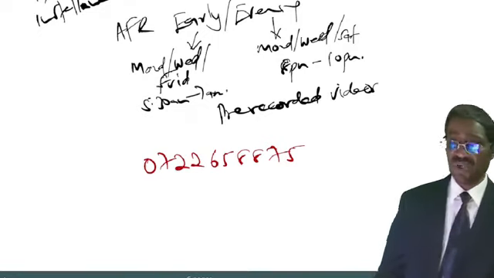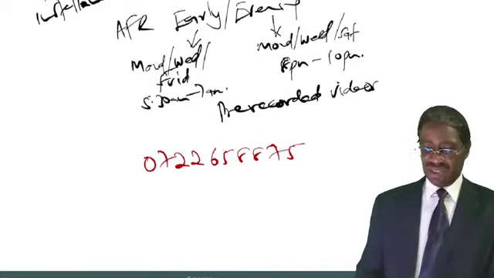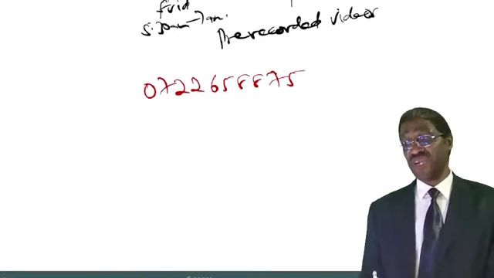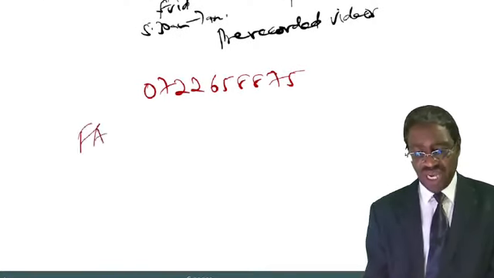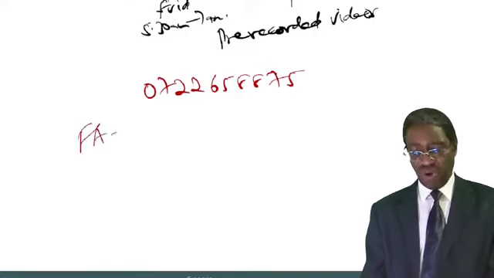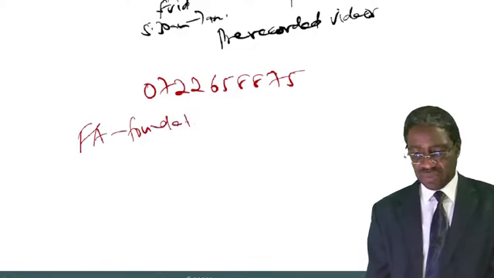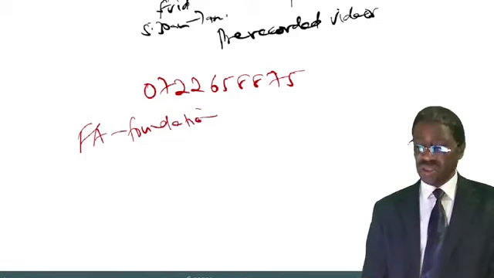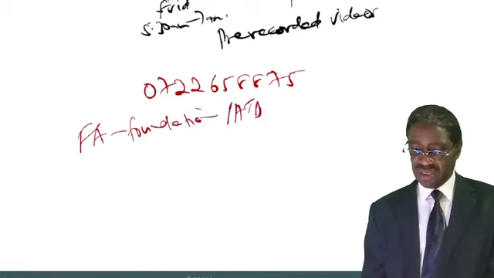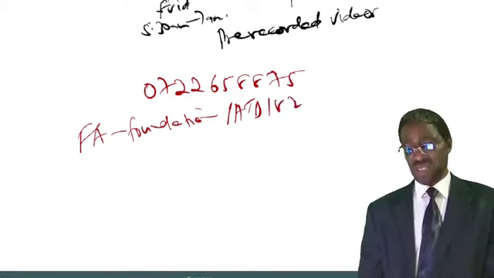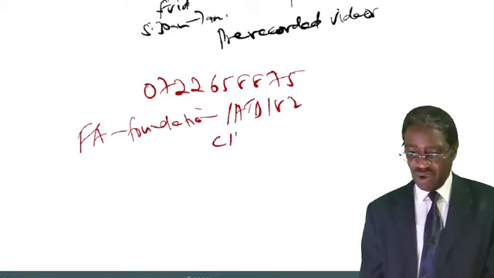Listen again. Some of you have friends who are doing financial accounting, at foundation level or ATD level 1 or level 2. There are also those who are doing financial accounting for CFA and CS.